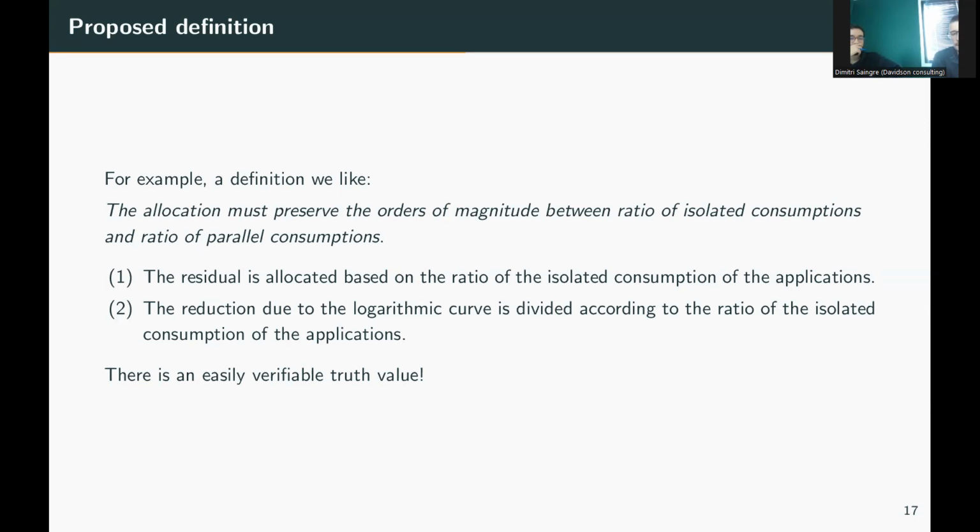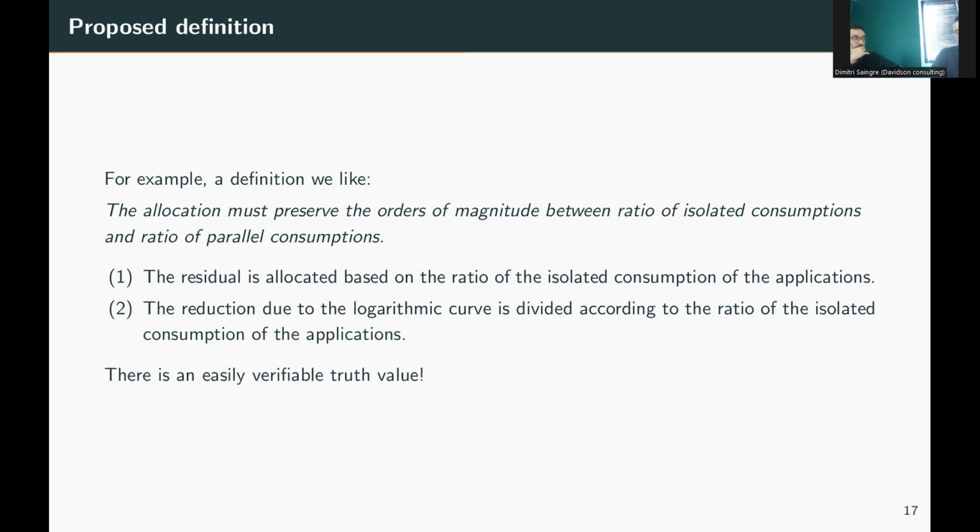And what is important is that we have a truth value, and we can compare the model to something that is what we are expecting from the models. That is a point that is lacking for the moment in the state of the art. There is no real evaluation of the expected results.